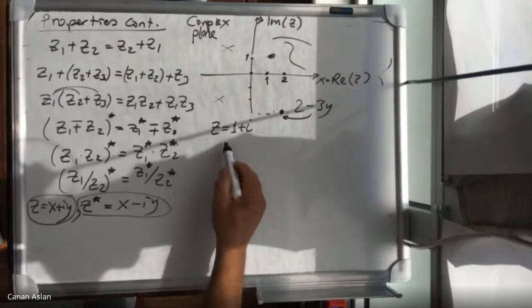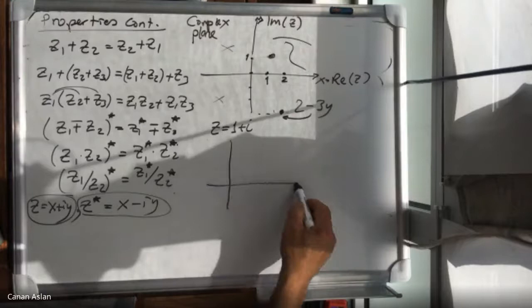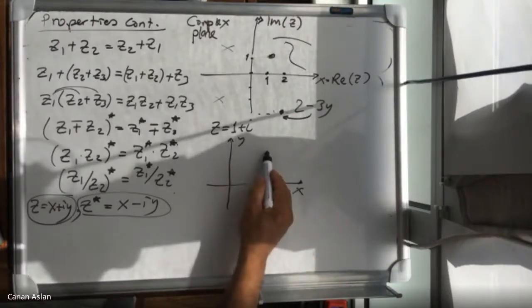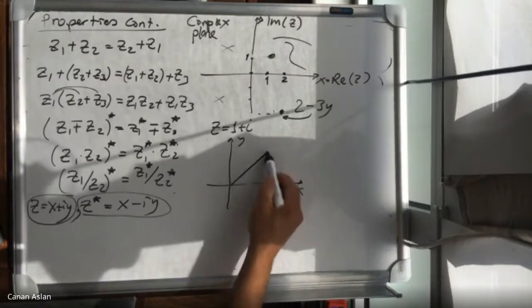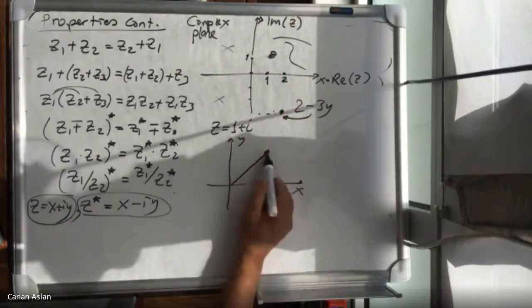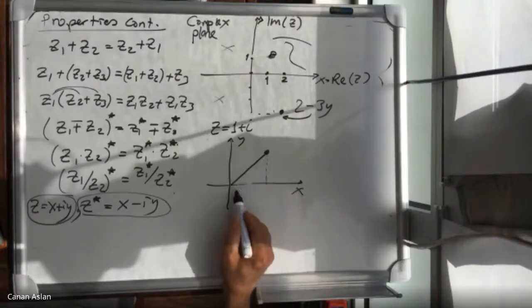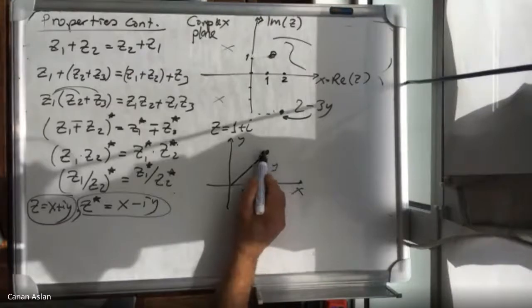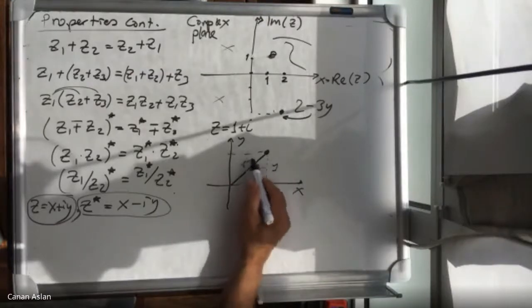Okay, so now let's look at the geometrical properties of this. Okay, so this is xy, and now we have some kind of point here, say this. Basically, this is x because this is the x-axis, and this is y, and this is r, and this angle is theta.